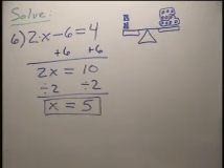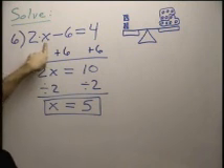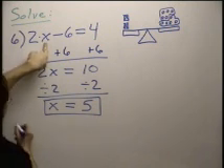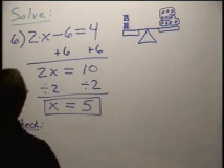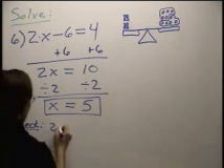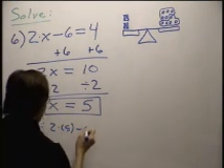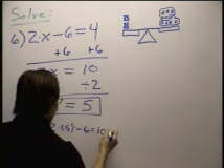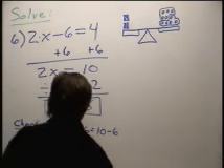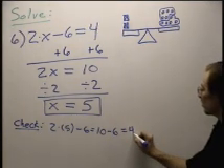And we can double check that if we substitute that 5 back into our original equation where x is. We can find out whether this is true or not. 2 times 5 minus 6, what does that come out to? 2 times 5 is 10, because we do multiplication first by order of operations. 10 minus 6 is 4.